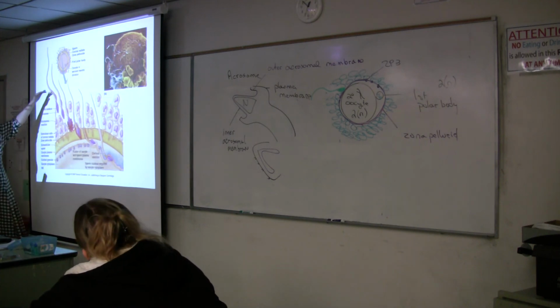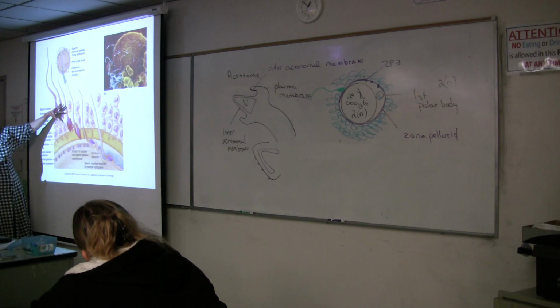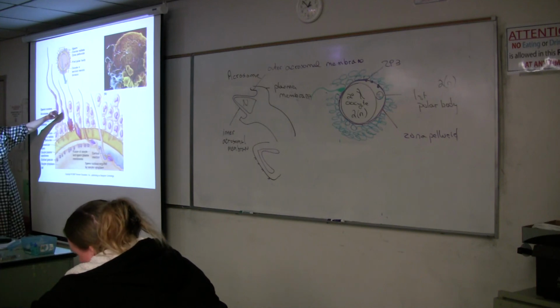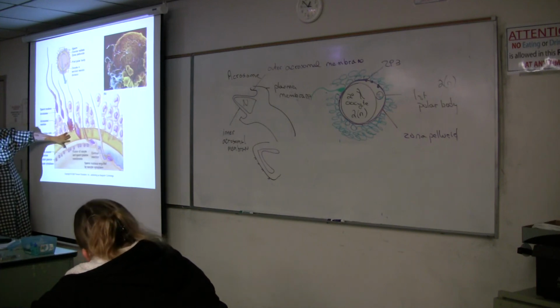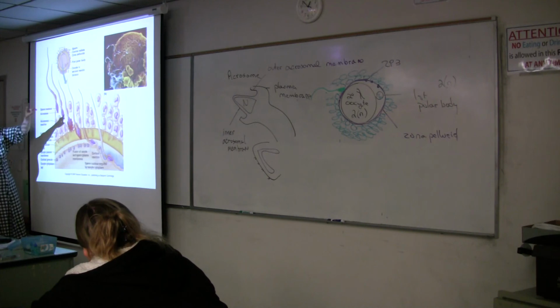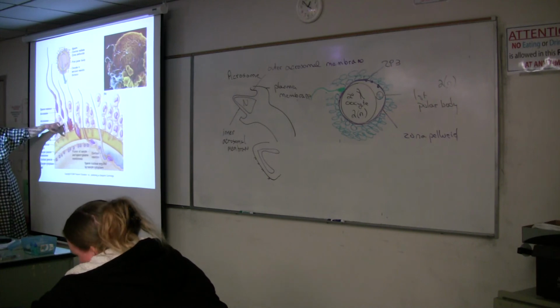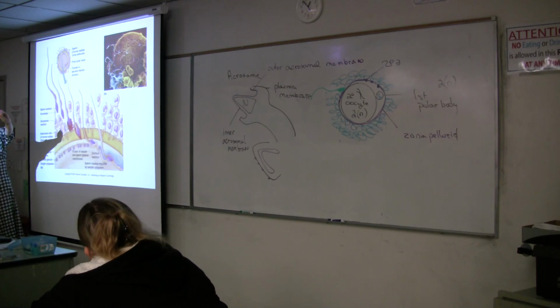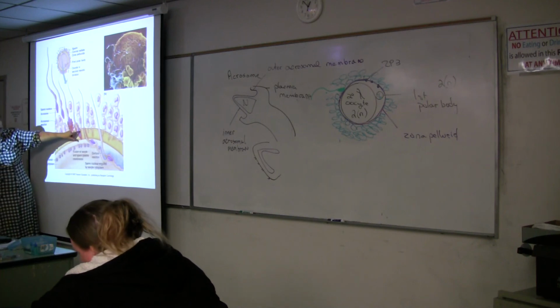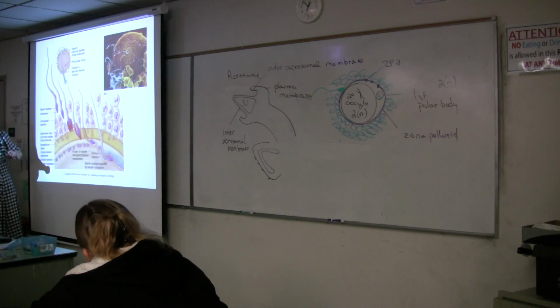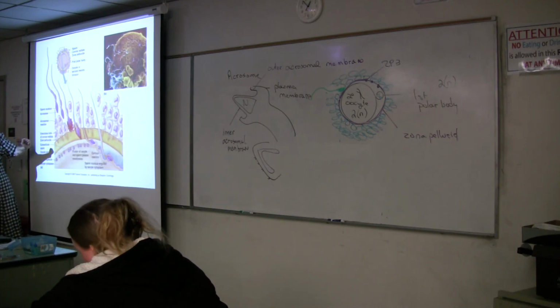So several of these sperm coming in will react early and release the digestive enzymes to separate these follicular cells and get to the zona pellucida. And then one of them will have receptors for the ZP3, which is a protein of the zona pellucida that triggers its acrosomal reaction. And you can see by these little edges there, the outer plasma membrane has been lost along with the outer acrosomal membrane.